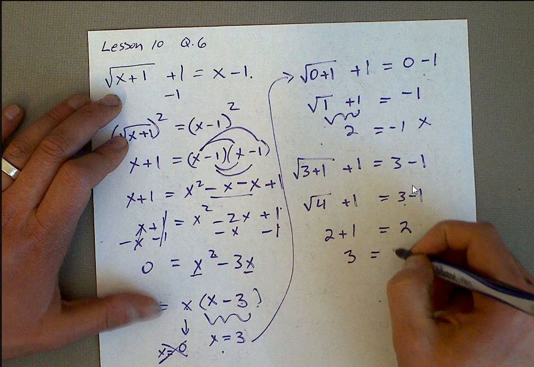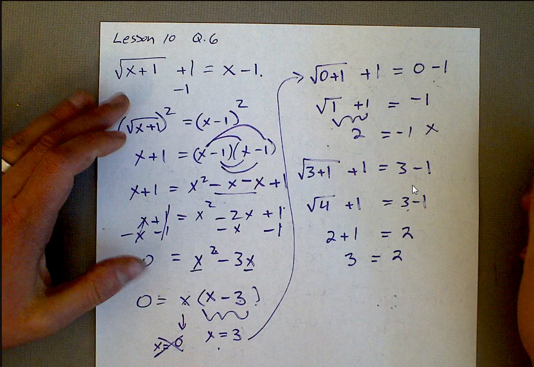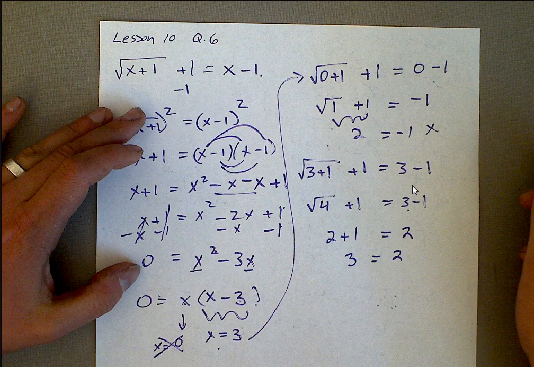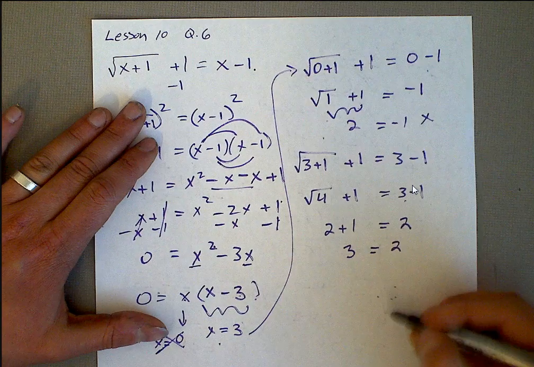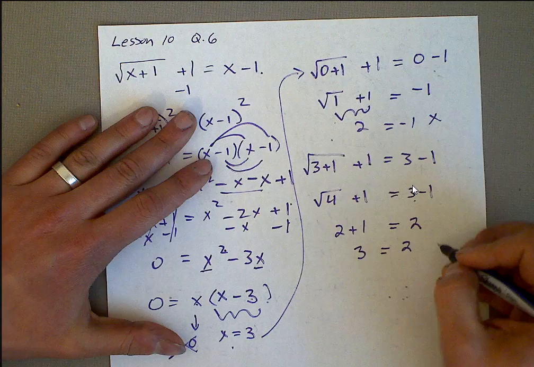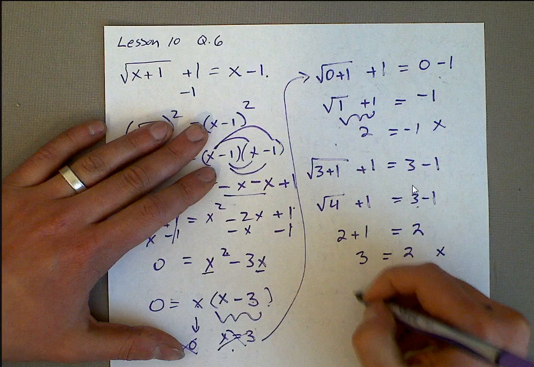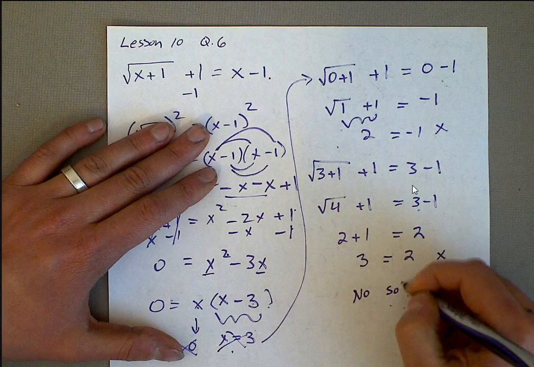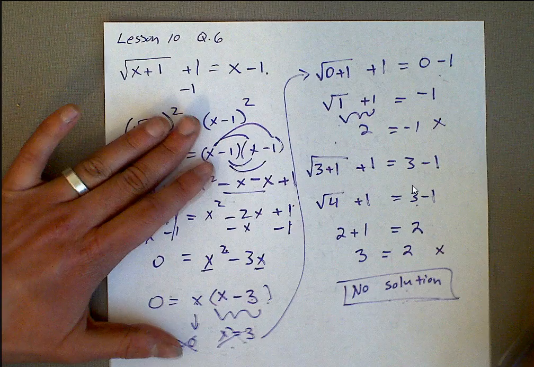And you end up with 3 equal to 2. So, looking over my work, since 3 equal 2 is not true either, it means that 3 is not a solution as well, which means this problem is going to end up with no solution.